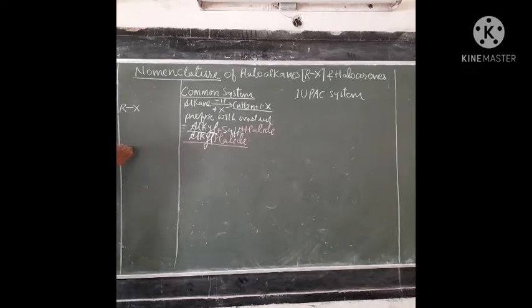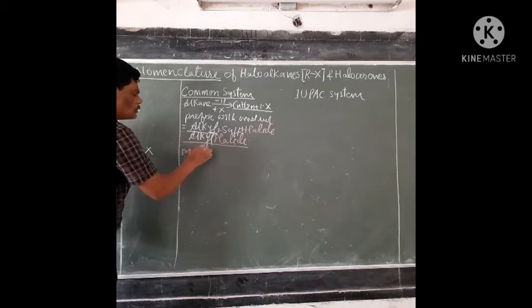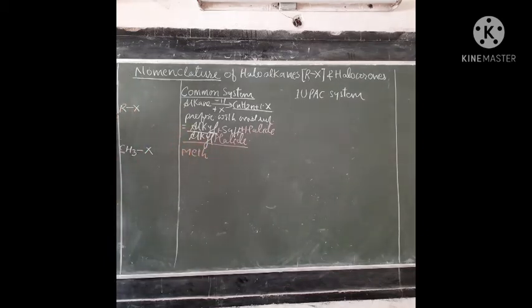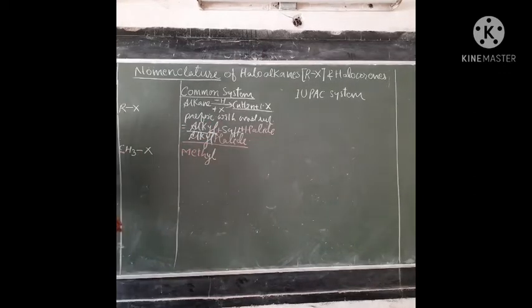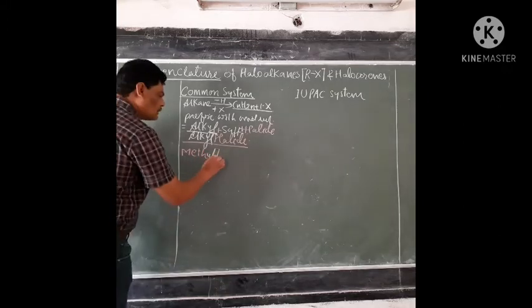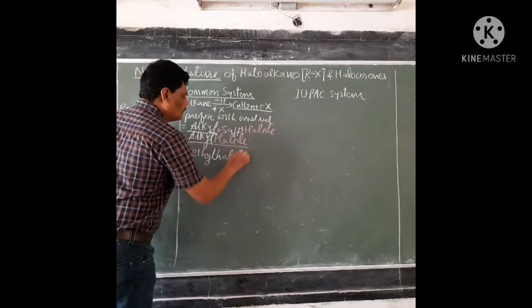Like if I write the first compound CH3X, then what will it become? One carbon atom is there. So one carbon atom is named with the word root meth. And being an alkyl radical, we have to write yl: methyl. And this is X, so this will become halide, that is the suffix.